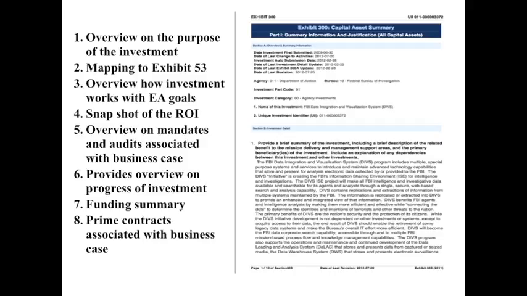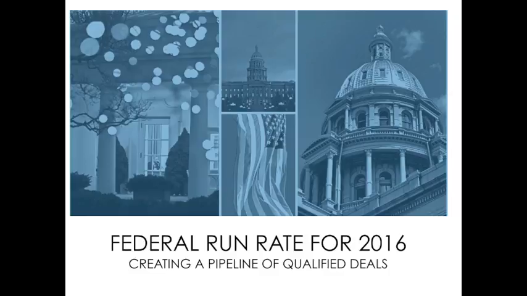Now, we're going to talk about how you take all this information and create a pipeline of qualified deals. I began my career as an account executive working for a handful of systems integrators in the Northern Virginia area. I started out as an inside rep supporting 2 salespeople. I then went on to an account manager and eventually became a director of business development.